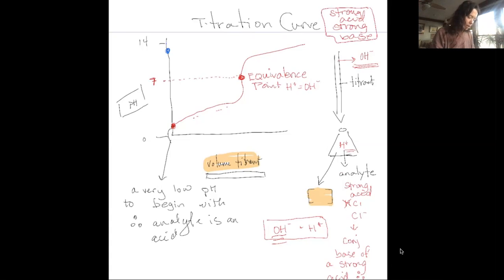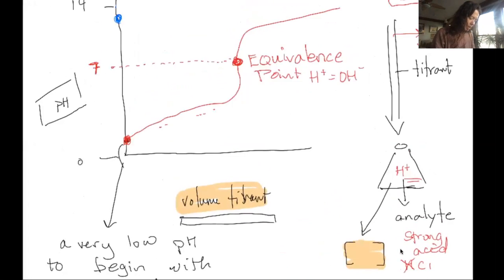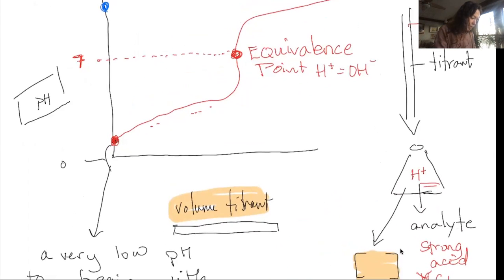Okay, there's some other things we need to focus on here. Right here is a very important point on this curve, okay? And this is called the halfway point. All right? Now, if this is a strong acid and a strong base, does it produce a buffer system?